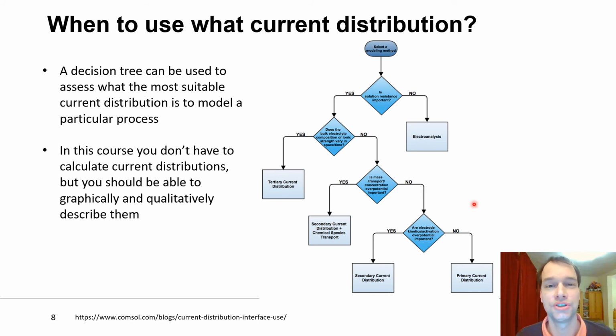In this course, you're not expected to make all kinds of complex calculations with current distribution, but you're expected to qualitatively understand current distribution, and you should also be able to draw some of these potential lines and current lines as shown for the primary current distribution as part of this course.